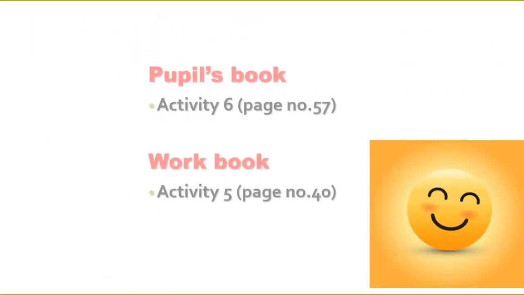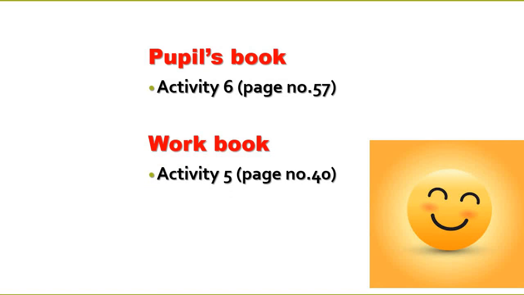Then it's time to do our pupils book activity. Take out your pupils book and turn to page number 57, activity 6. Before that, there is a learning point on page number 55.